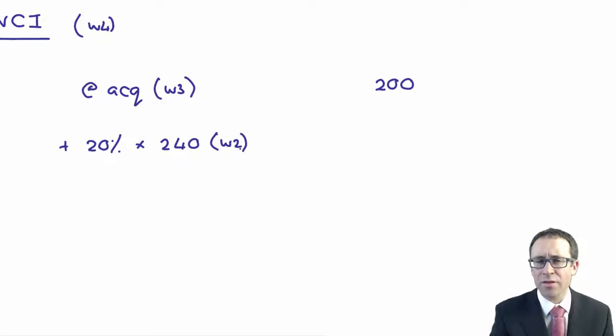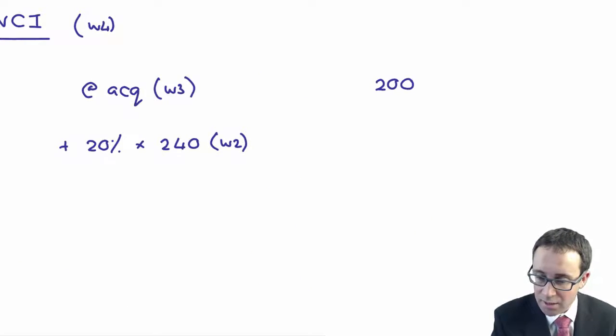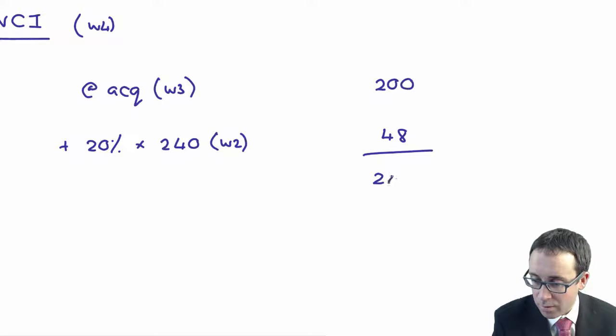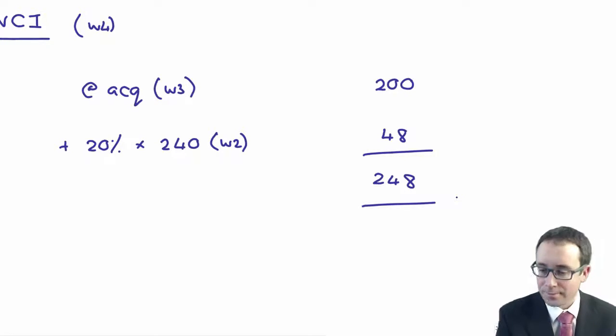I think the post-acquisition profits were 240. Let's just check. They are. So 20% of 240 is 48. So 248 is there as my non-controlling interest, isn't it? Okay.